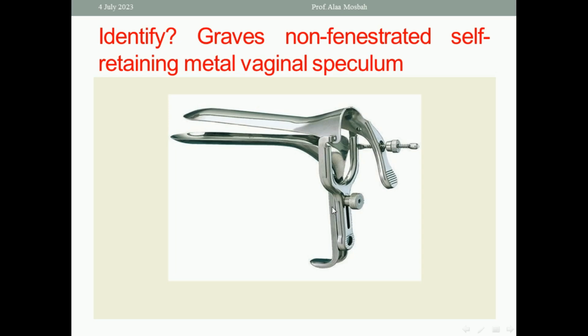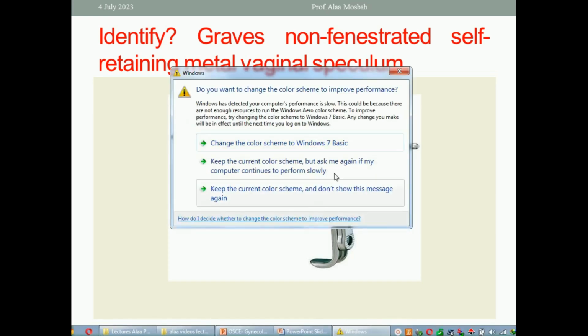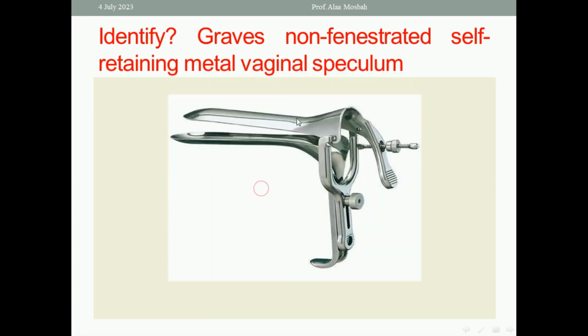Here there is another screw connected between the lower plates and the handle to allow for better space during manipulation. So if you are doing a procedure that needs instruments and space, Graves is a better choice than Cusco. Both of them have nearly the same indication, but for better exposure, you can use Graves.